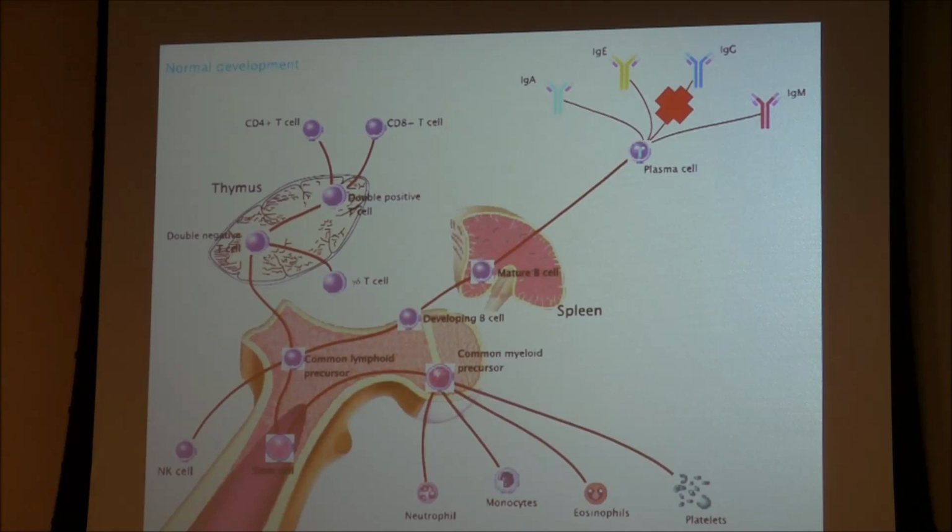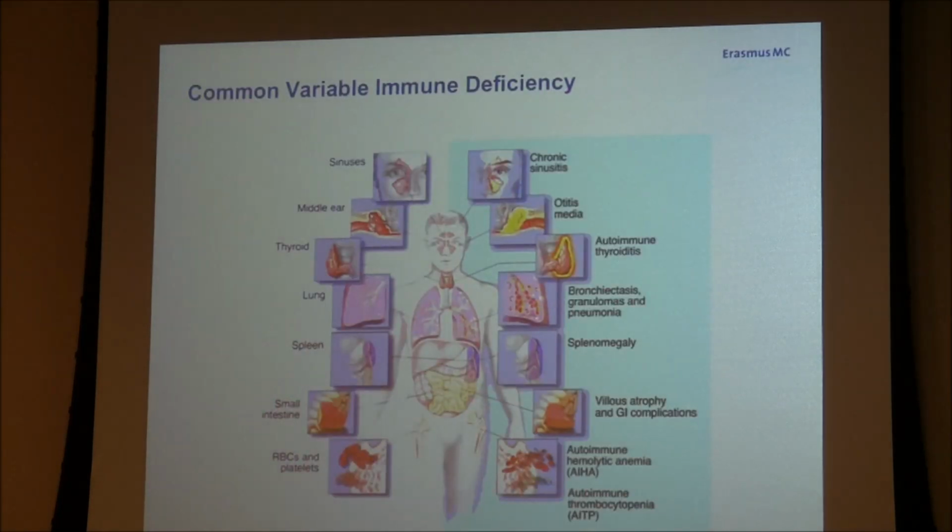So where is the defect? Going back to this picture, the bone marrow, B cells differentiating in the spleen into mature B cells. Those B cells produce the immunoglobulins, the Y-formed proteins that can specifically bind to various bacteria. So if you have a problem with antibody formation, the problem is here in B cell development. They do not produce immunoglobulins, or the immunoglobulins they produce are not functioning as they should. What kind of clinical pictures will you see?